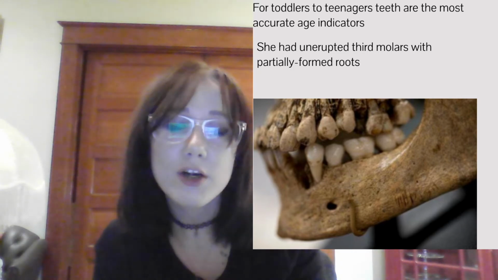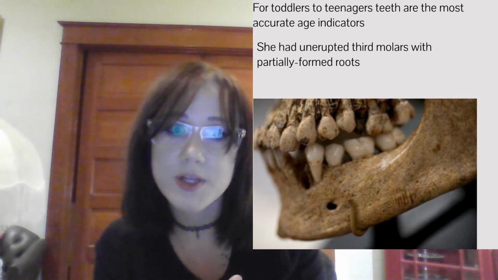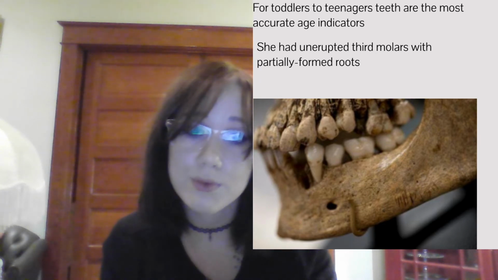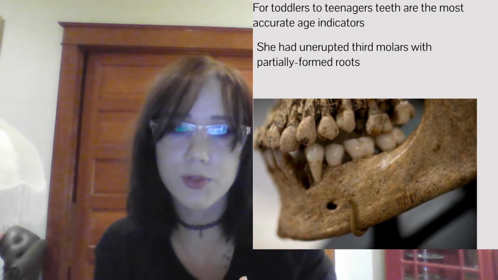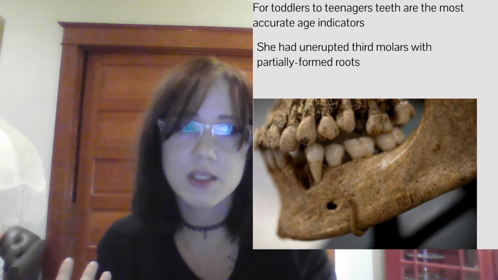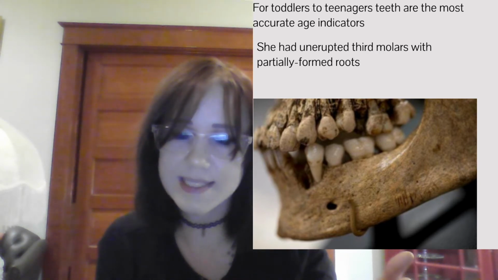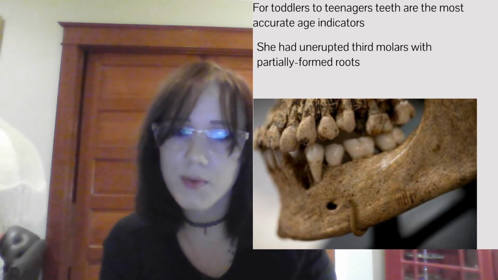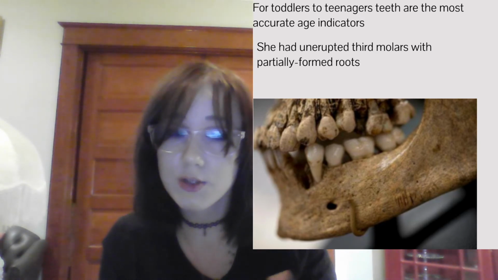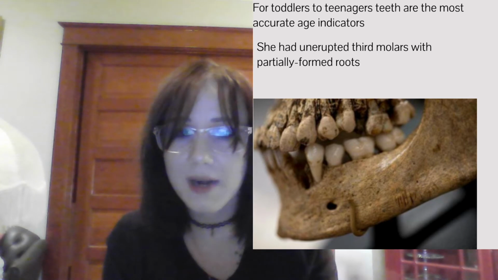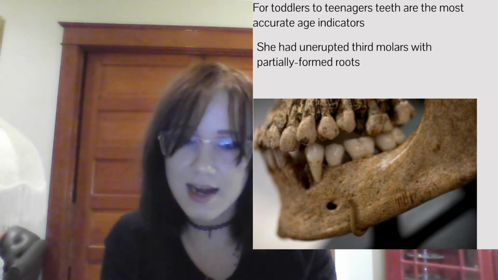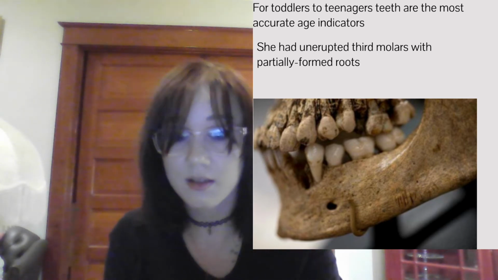Now, when we look at her teeth, she had unerupted third molars with partially formed roots. Third molars usually don't erupt until the age of 16 to 24, so we were able to establish that she is somewhere within the range of 12 to 14 years of age. But after measuring that tibia, it actually gets closer to 14.